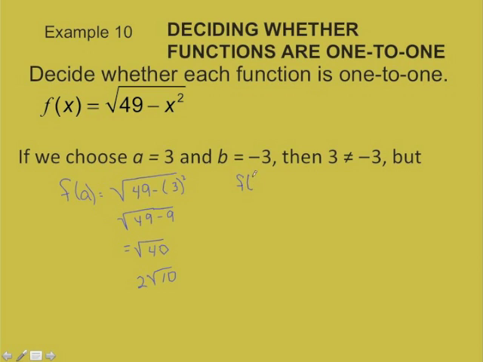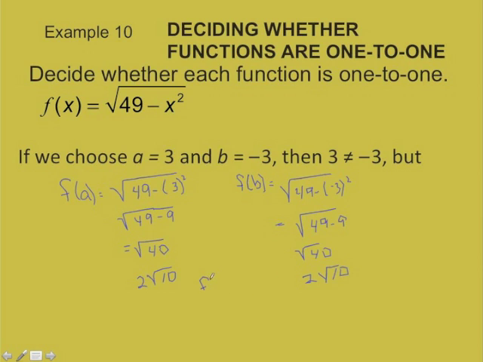If I do f of b, the square root of 49 minus (-3) squared is going to be the square root of 49 minus 9 again, the square root of 40, or 2 times the square root of 10.